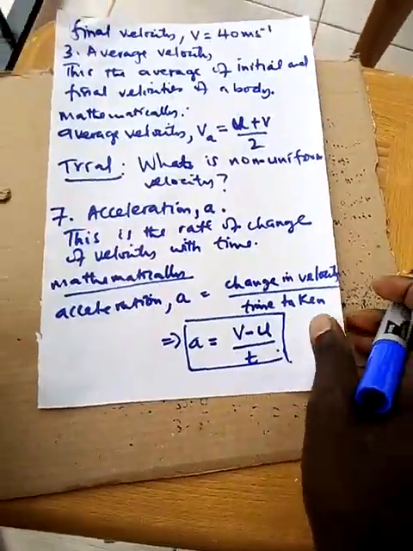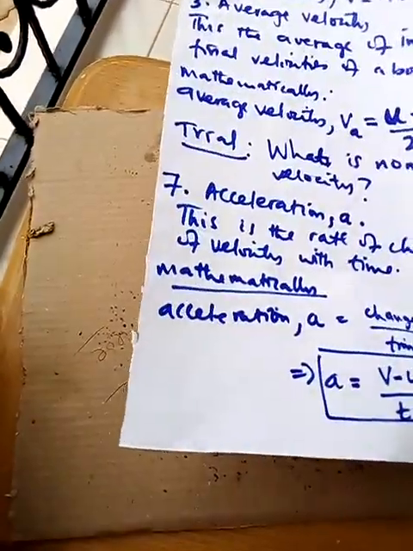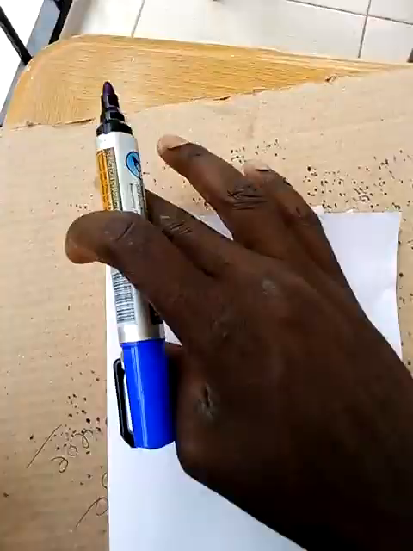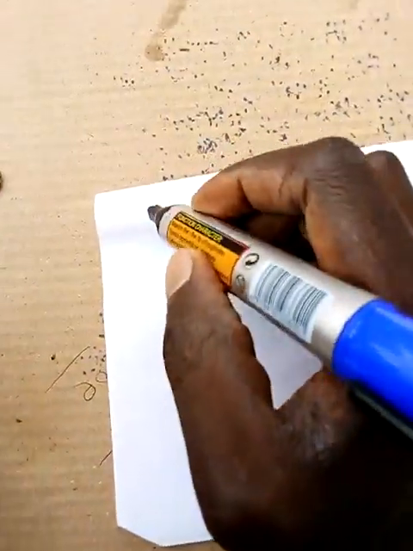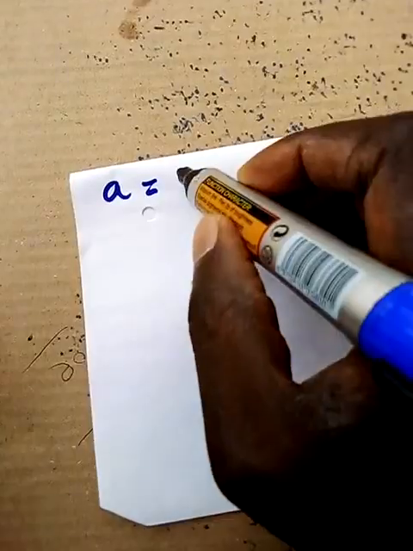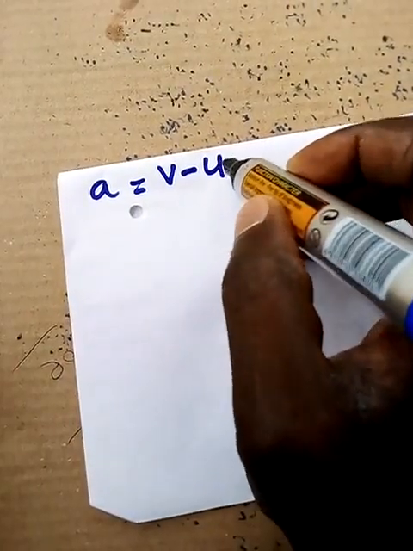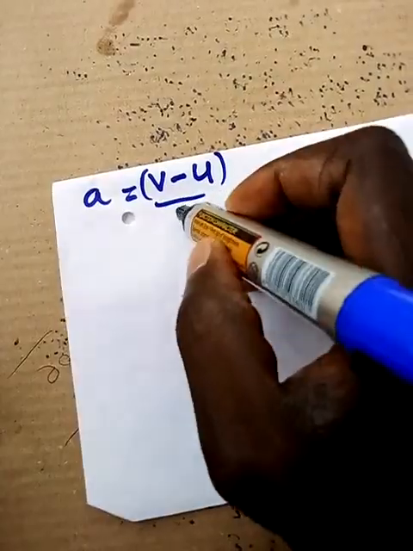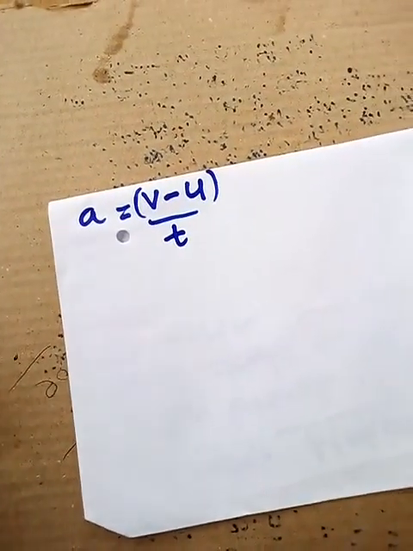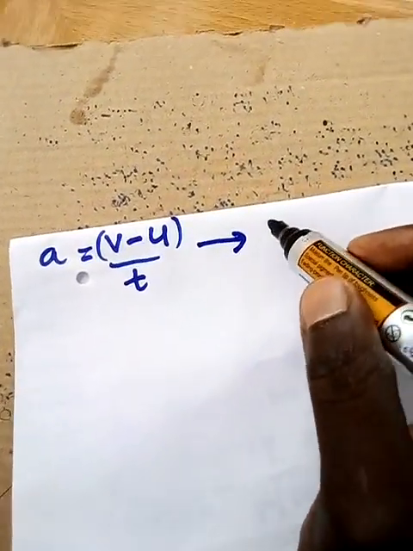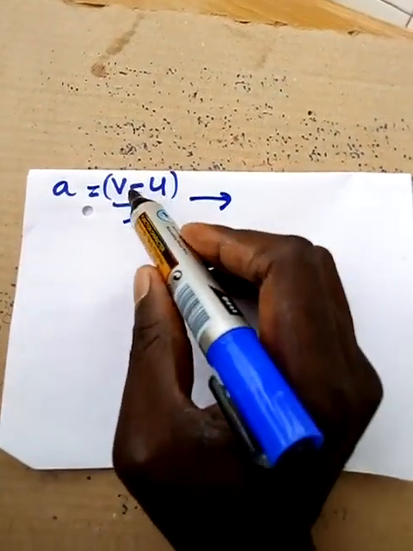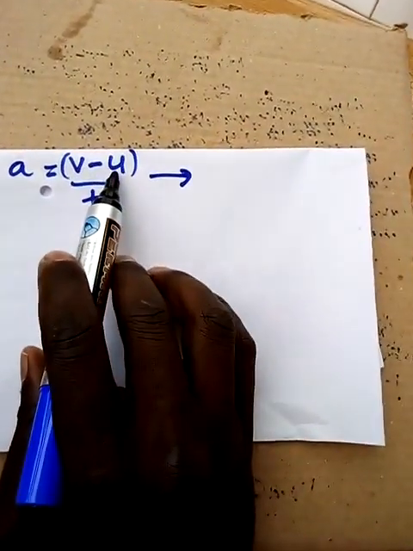Now, from this expression, that acceleration is equal to final velocity minus initial velocity divided by time, any physics student can understand that this is meter per second minus meter per second.